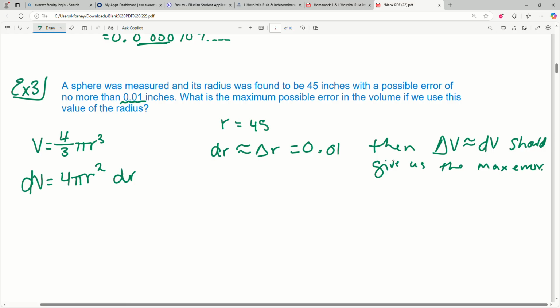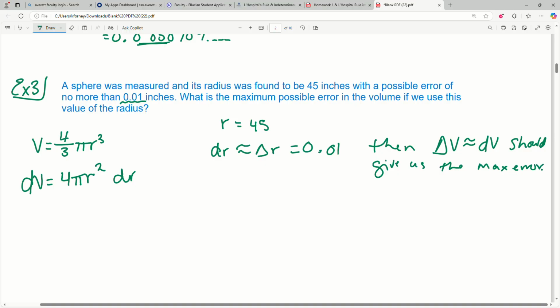Now, we've said what dr is, right? dr is what? Approximately 0.01. So, alright, we found this.